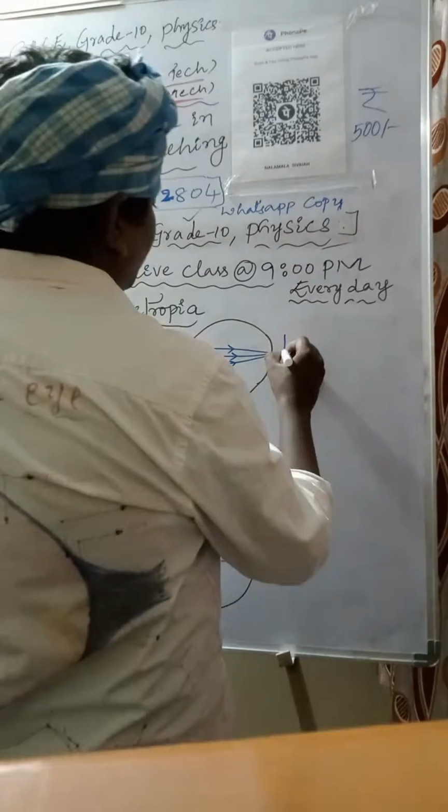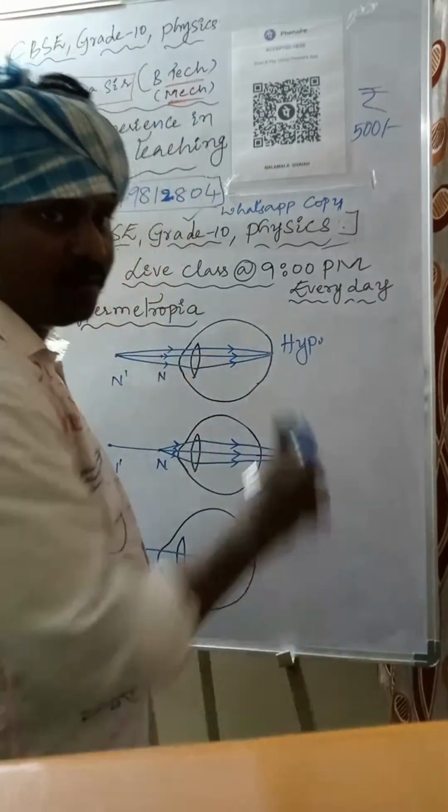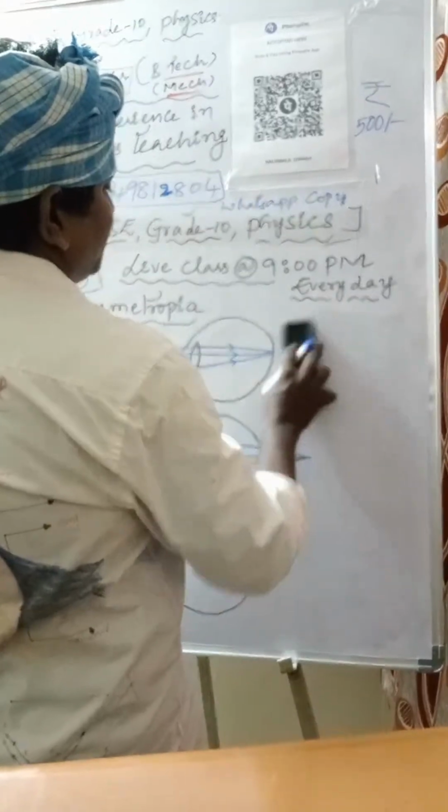So this is a hypermetropic eye. Oh, sorry, the near point of hypermetropic eye, because you can see from this point.